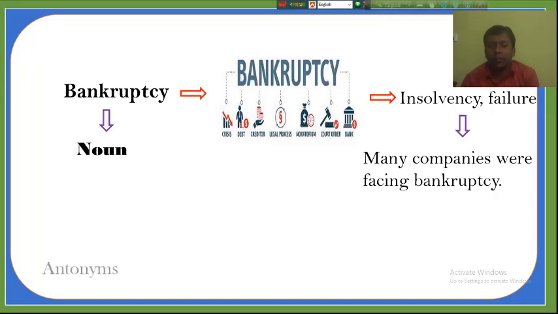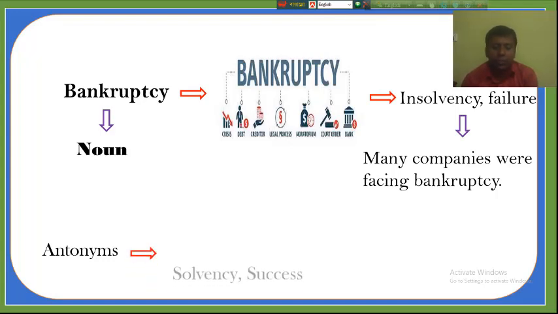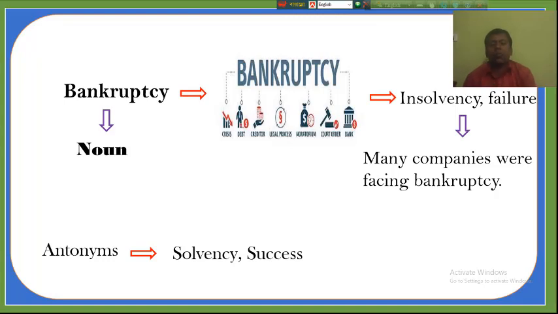Dear students, the antonyms. Do you know some antonyms of this word bankruptcy? Fine. The antonyms of this word are solvency and success. Dear students, please take your notebook and write down this slide.